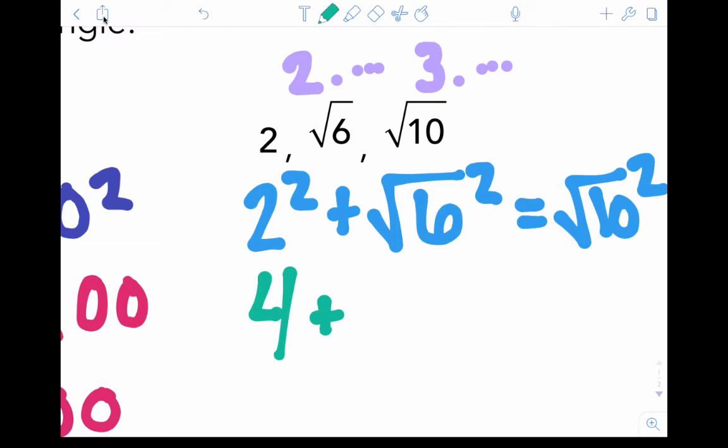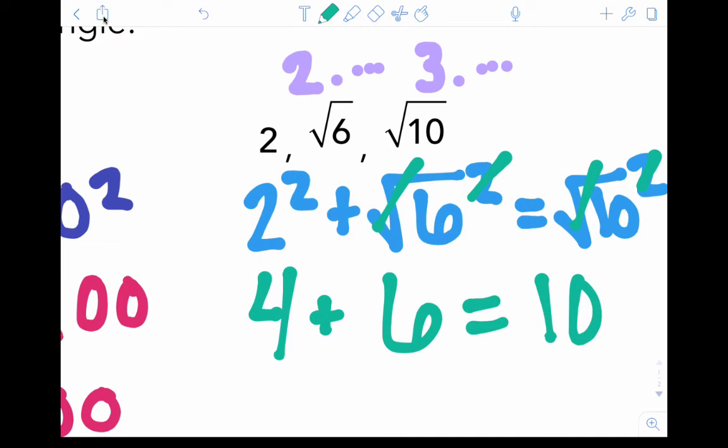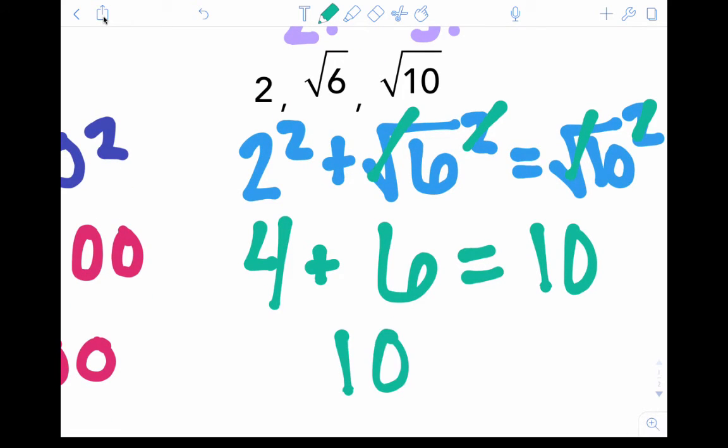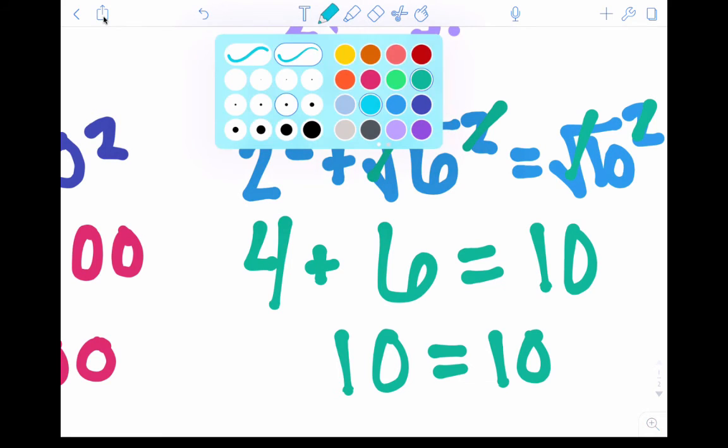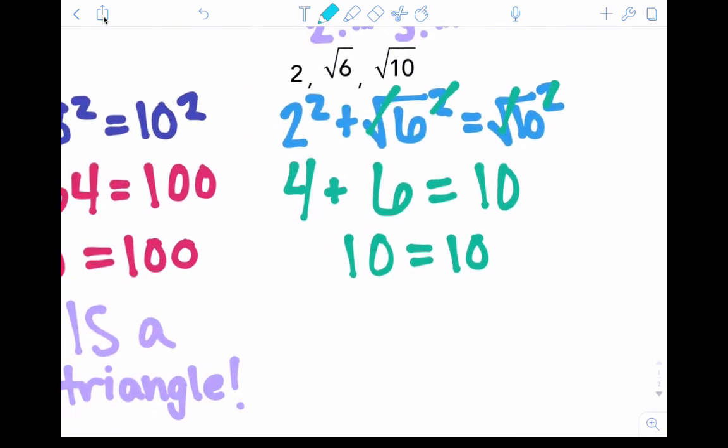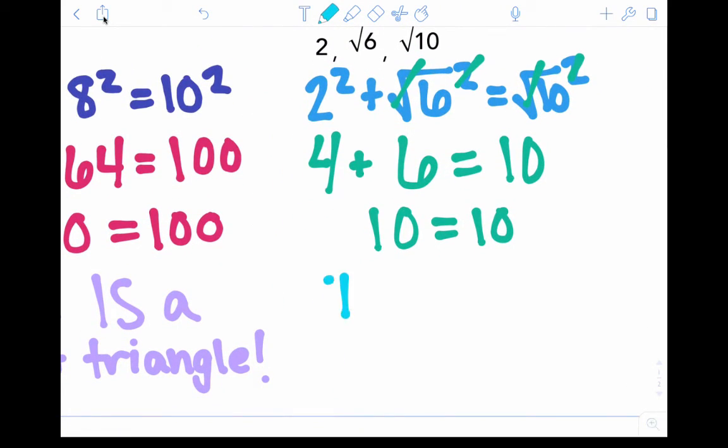Square roots and squares cancel each other out, they're opposite operations, so this just leaves me with 6. Once again, my square root and my square cancel out, and that just leaves me with 10. So I have 4 plus 6 is 10. 10 does equal 10. So this is a right triangle.